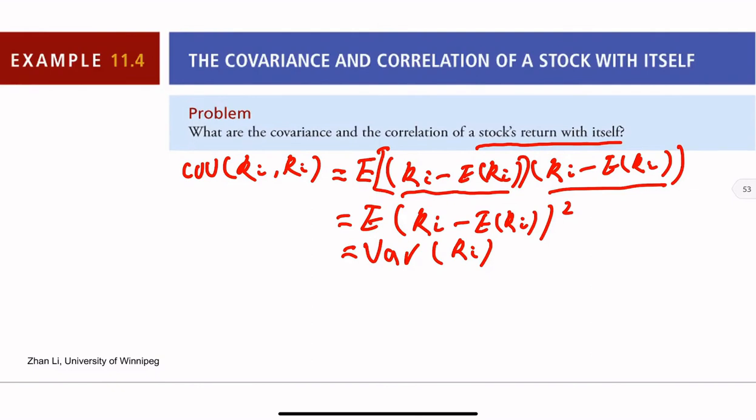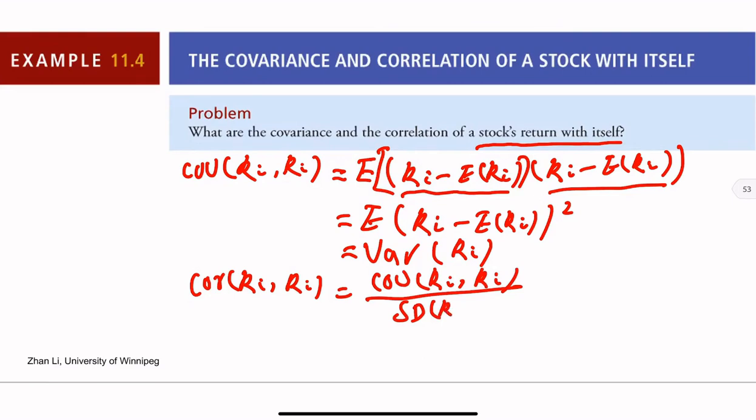Now, correlation. The correlation of Ri and Ri equals the covariance of Ri and Ri divided by the standard deviation of Ri times the standard deviation of Ri. And we have learned the covariance of Ri and Ri is the variance of Ri. And we also know that standard deviation is the square root of variance.